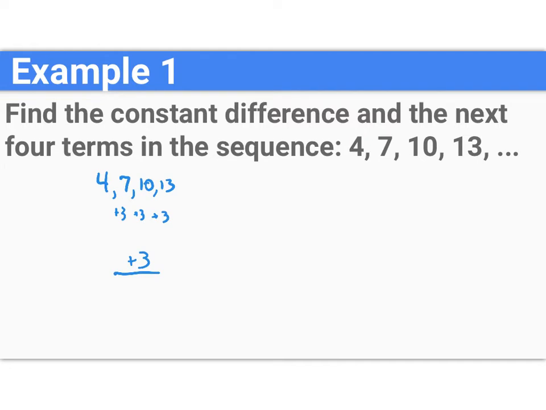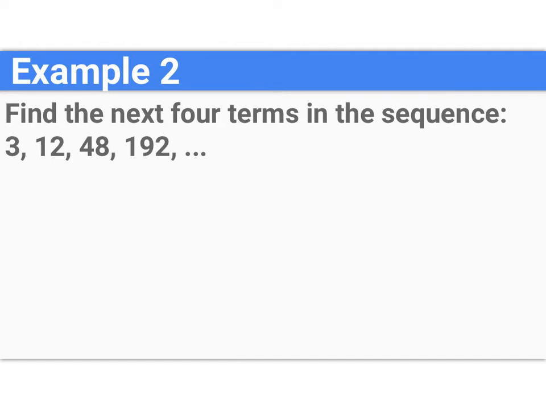And so the next 4 terms in the sequence will be 13 plus 3, which is 16, 19 plus 3, 22, and then 25. And so that's all we had to do for this problem. Find the constant of difference, which is 3, and then use the constant of difference to find the next 4 terms in the sequence.